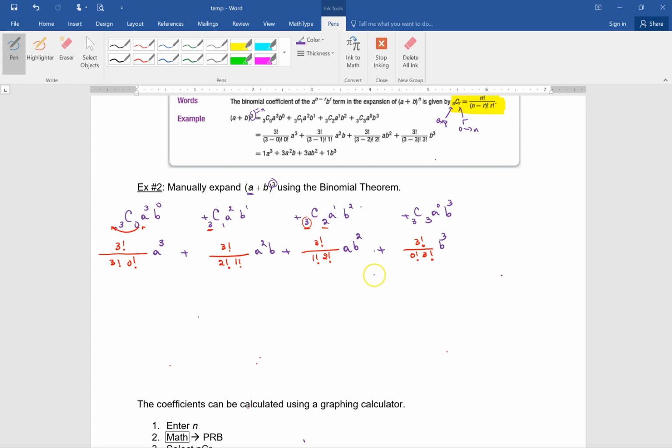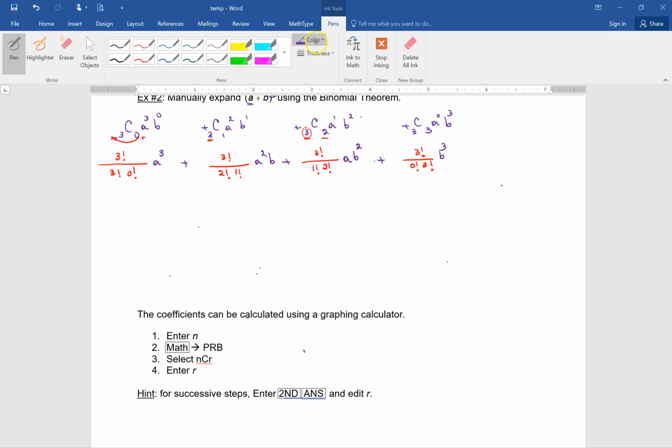Now I'm going to do the math here. What is 3 factorial? 3 times 2 times 1 over, what is 3 factorial? That. And what's 0 factorial? 1. Plus, what about this one? I have 3 times 2 times 1 over, what do I have? 2 times 1 times 1.